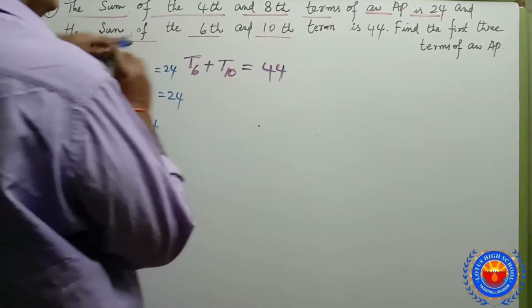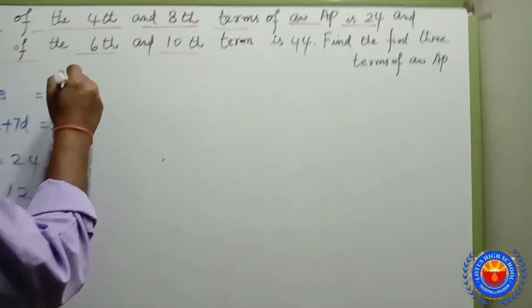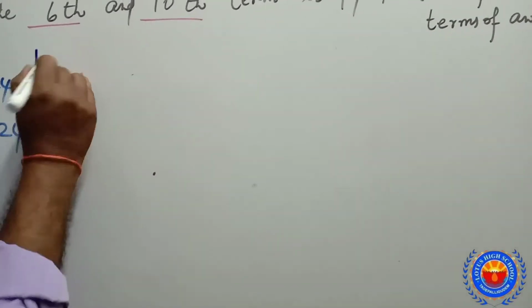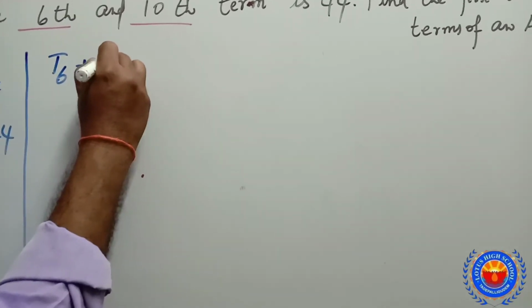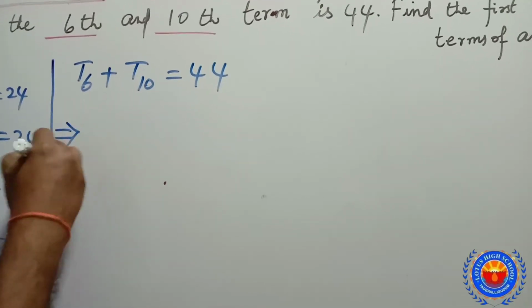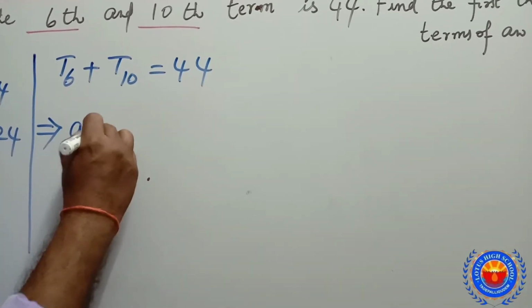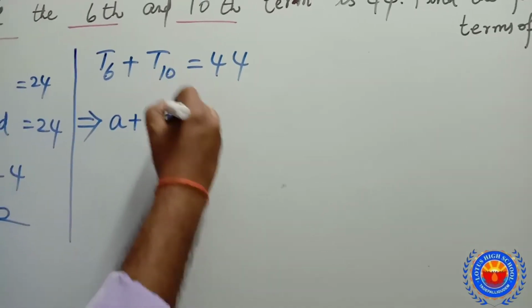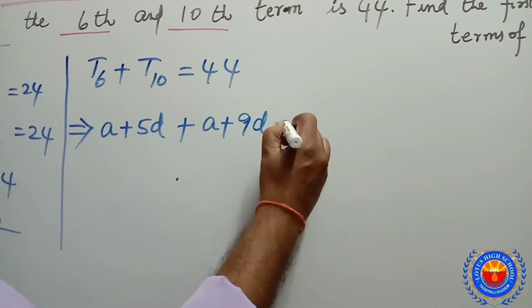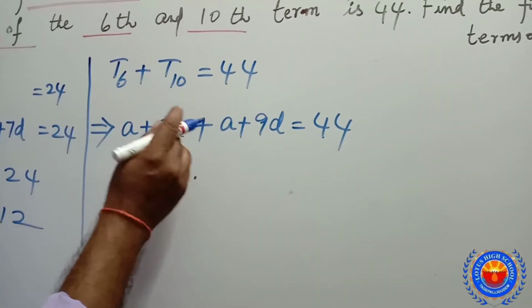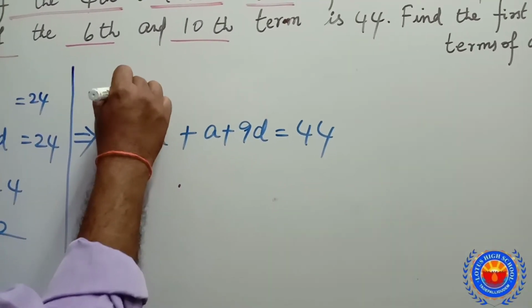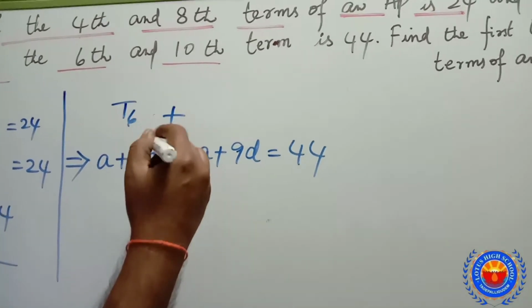Coming to the second one, I'll write here: T6 plus T10 is equal to 44. T6 means A plus 5D, and T10 is A plus 9D, which is equal to 44.